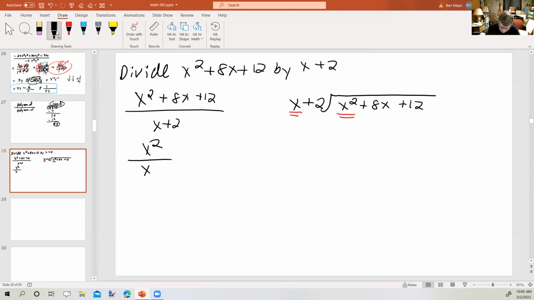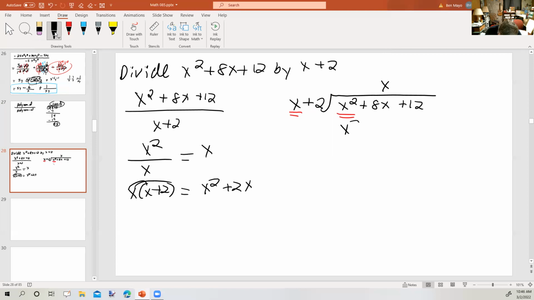X squared divided by x would be x, which we're going to put up here in the appropriate column, because that's the column where the x to the first power goes. Then what do we do next? We take this times all of that, right? So we'll take x times x plus 2, which gives us x squared plus 2x.